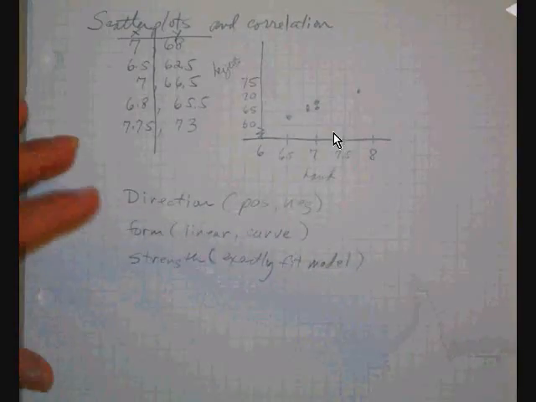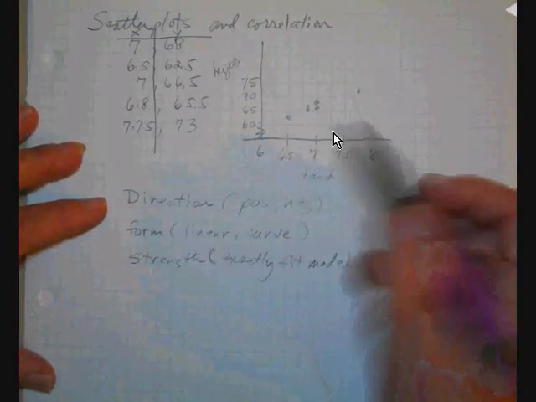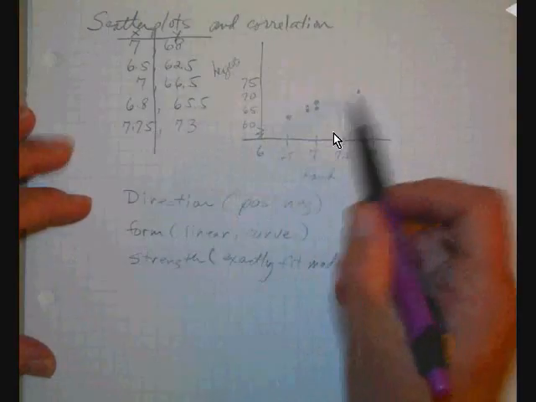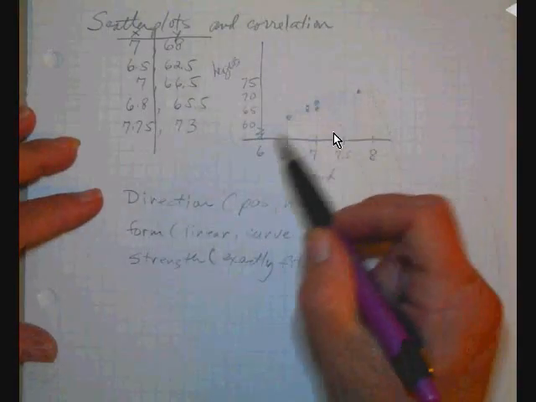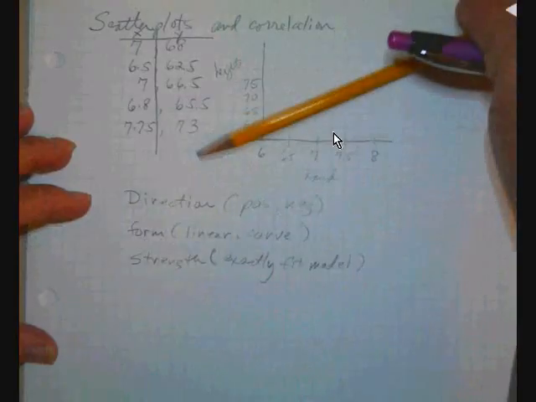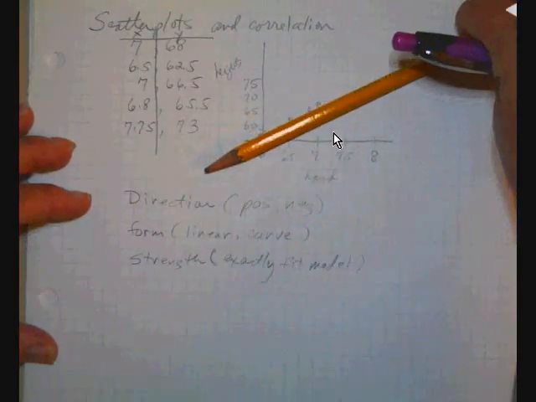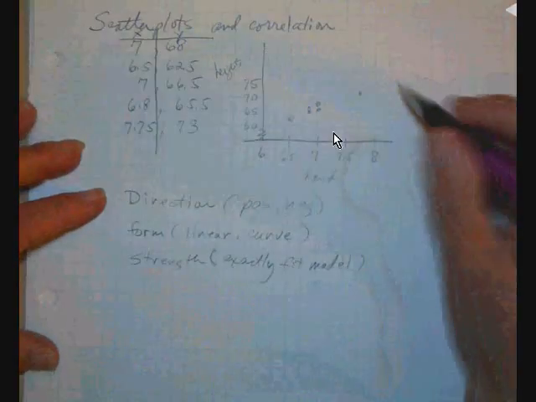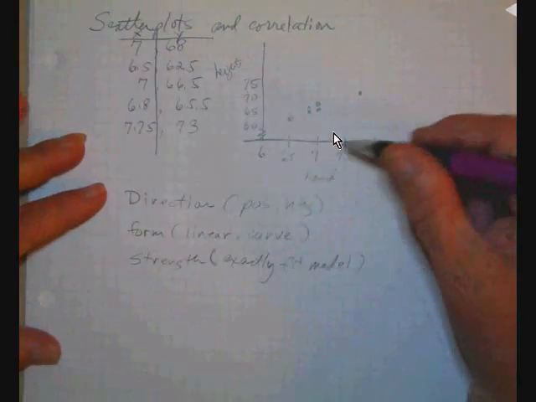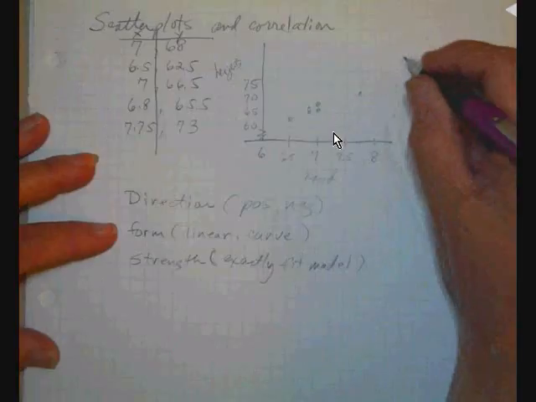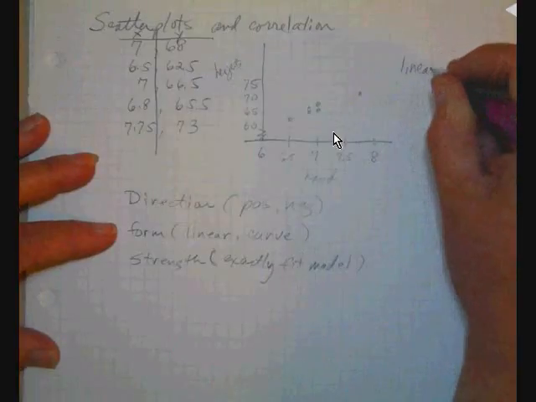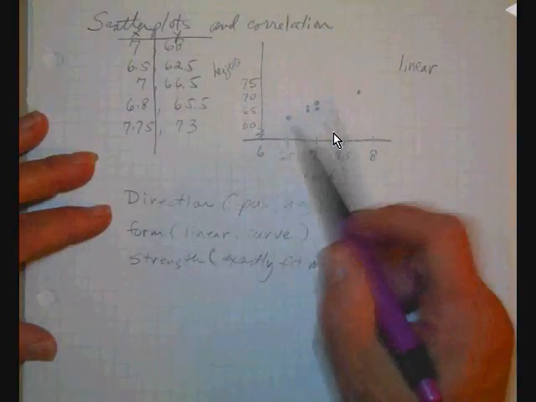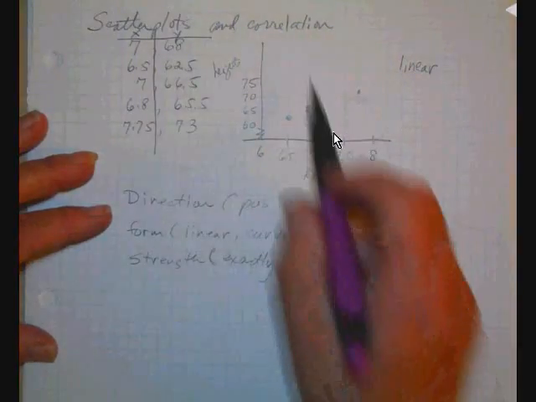Okay. So in this particular case, I think that's pretty linear. I can take a pencil and cover all of them up pretty well. That's a straight line. So I'm going to call this linear. Those points are pretty close to being a straight line. They're not scattered all about.